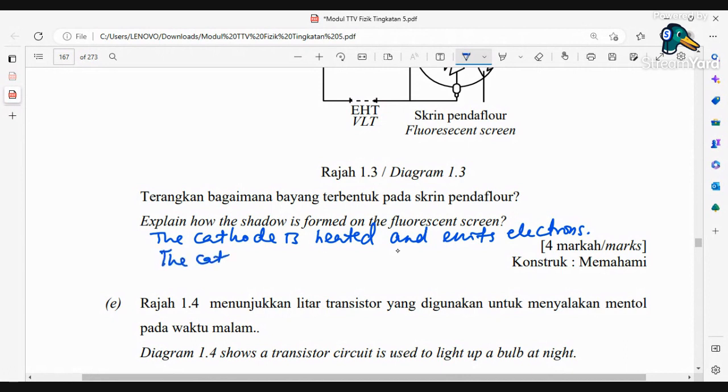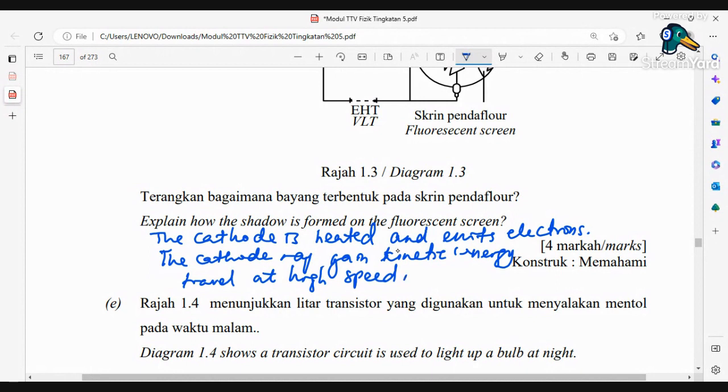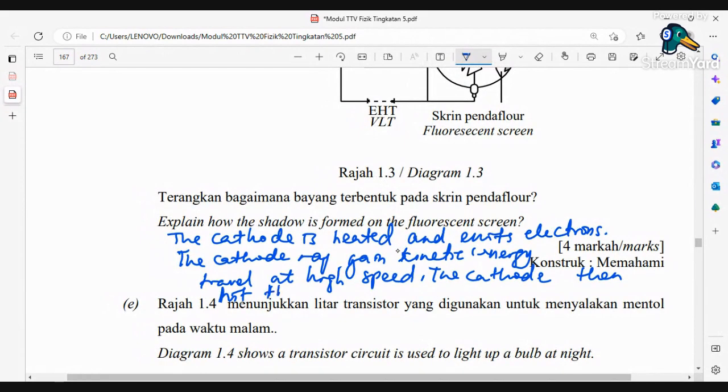The cathode ray gain kinetic energy, travels at high speed. The cathode ray then hit the screen at the edge of multicross.